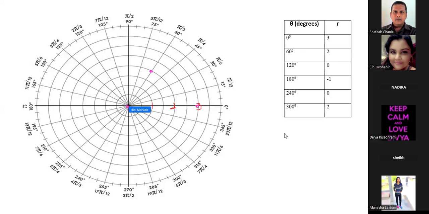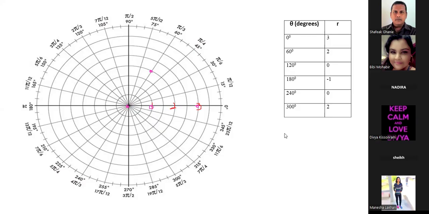And 180 is -1. Now, in polar coordinates, a negative radius means you plot the point in the opposite direction, which means that if this is negative, it becomes positive. So the 180 degree, which is here, becomes a positive 1, which is here. Then 240 degree is 0, and it comes back to the origin here.